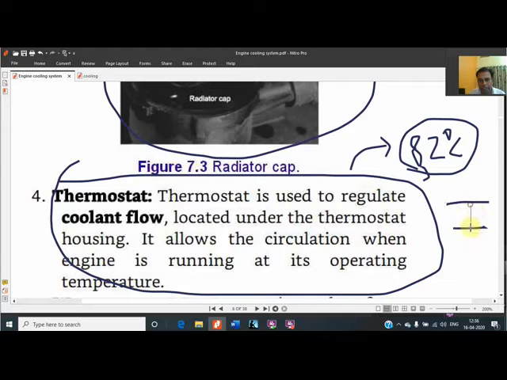It is started after a certain time, and that time is governed by the temperature of the coolant itself.